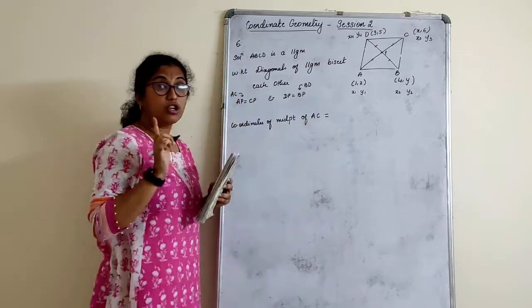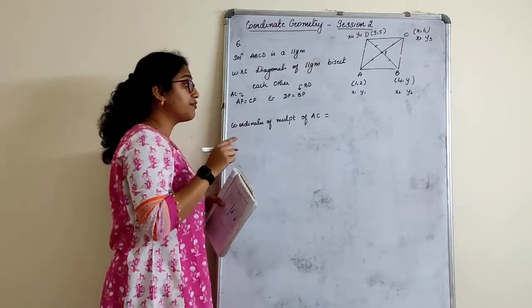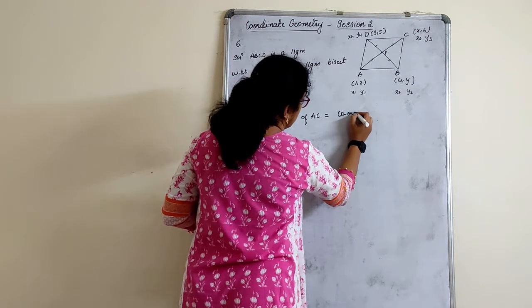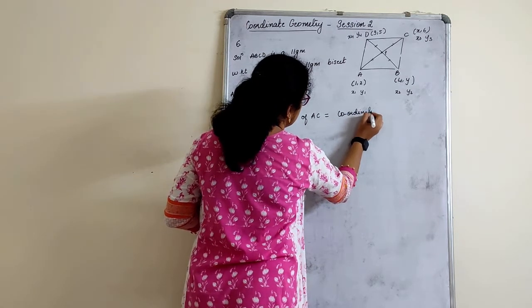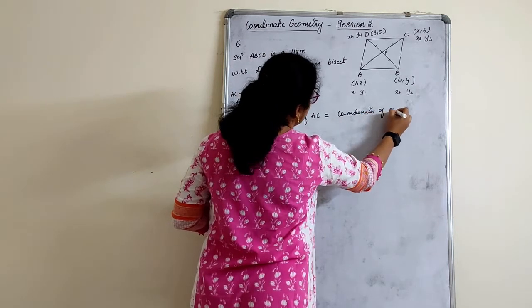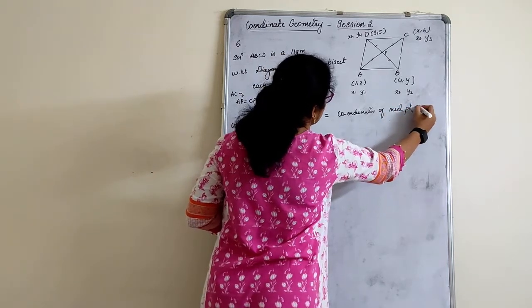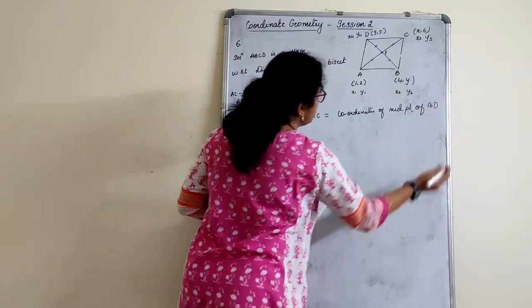See, AC is not equal to BD. Coordinates of midpoint of AC is equal to coordinates of midpoint of BD.